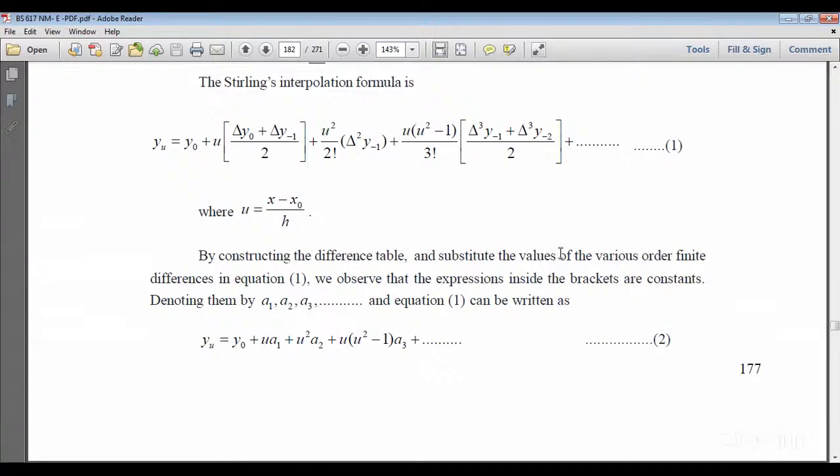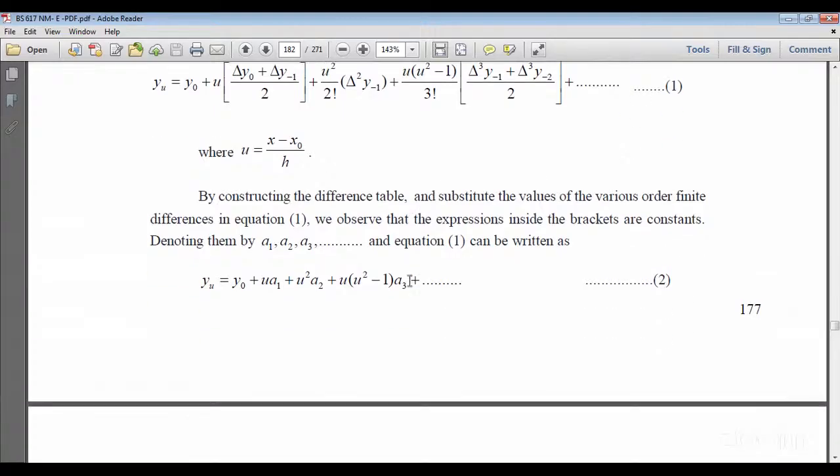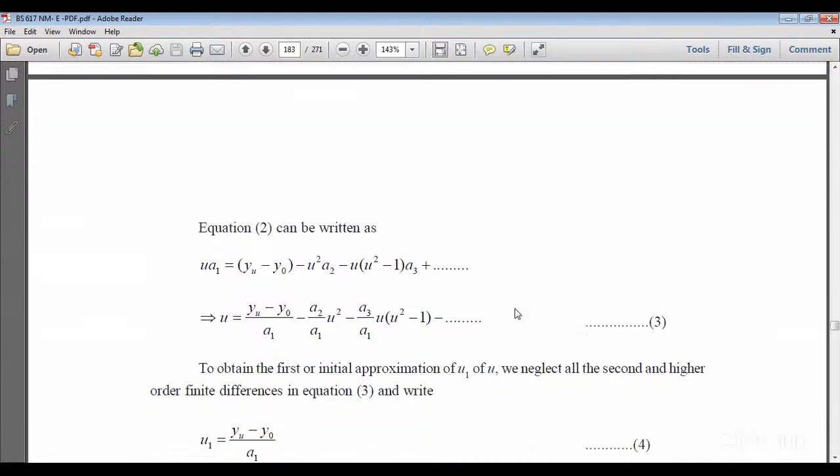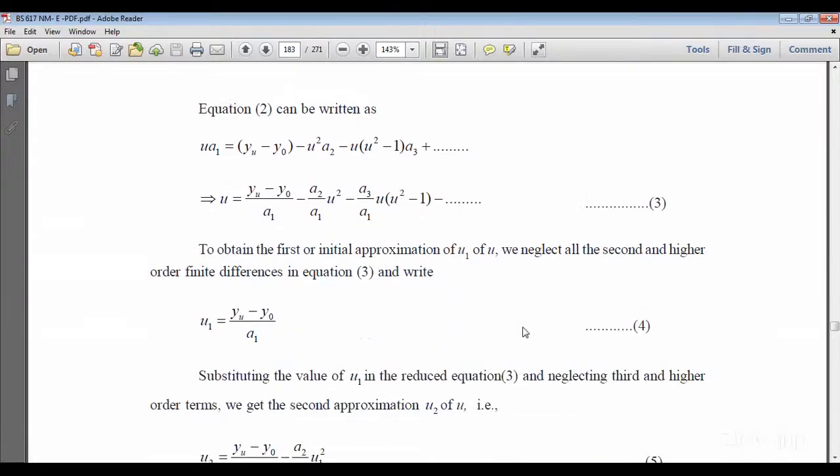Denoting them a1, a2, a3, and so on, it can be written as y u equals y0 plus u a1 plus u square a2 plus u (u square minus 1) a3. Equation 2 can be written as u equals (y u minus y0) by a1 minus (a2 by a1) u square minus (a3 by a1) u (u square minus 1).